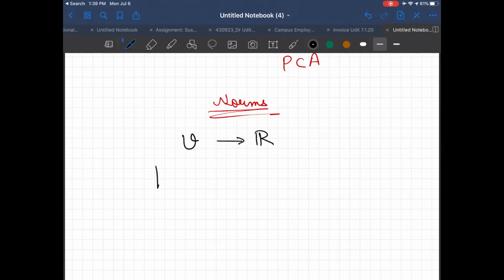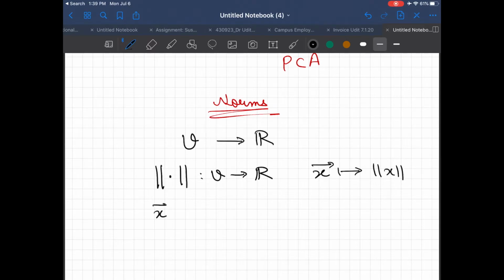Now, when we talk about this mapping, we denote it by this double modulus defined on V, resulting in a real number, such that you give a vector x and you apply a transformation, and that output should be one real number. And for any transformation, to classify as a norm, it should meet three conditions.